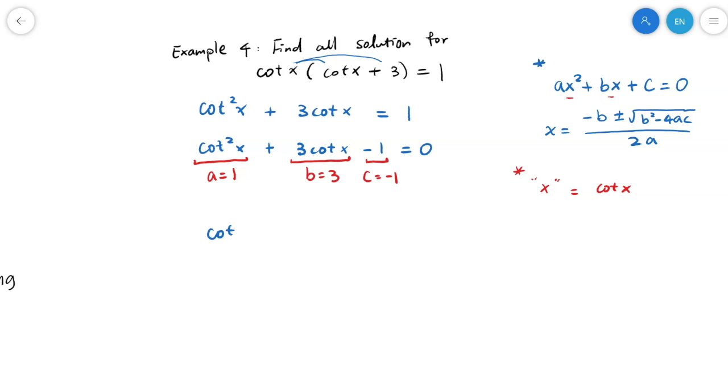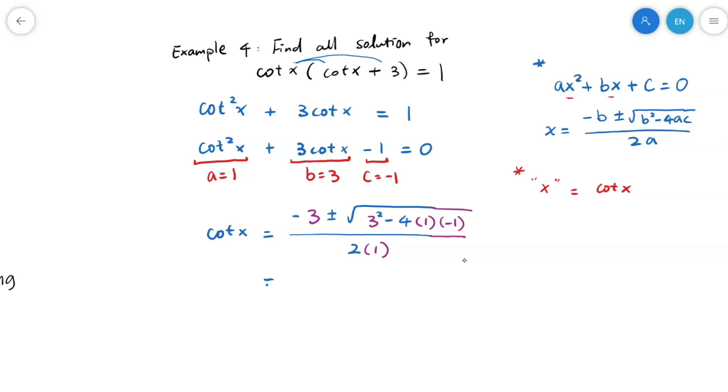Then cotangent of x will equal negative b plus or minus the square root of b squared minus 4ac over 2 times a, where b is 3, a is 1, and c is negative 1.